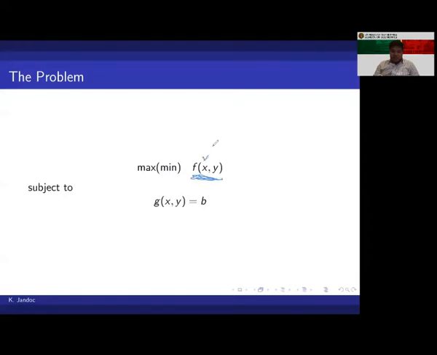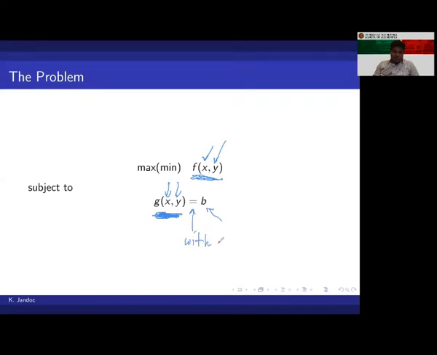We want to maximize or minimize that function subject to a constraint. The constraint is a function g, so it's not necessarily linear. It can be any functional form. So this constraint is also a function of x and y, right? And this b is a number, but the important thing is this holds with equality.